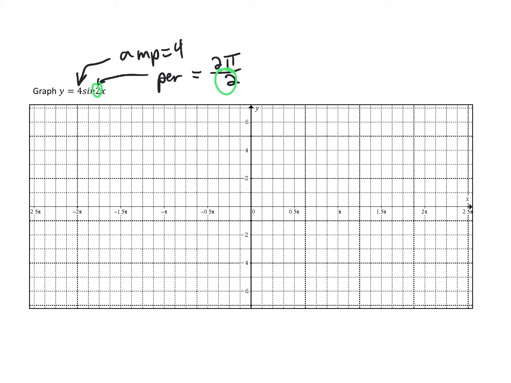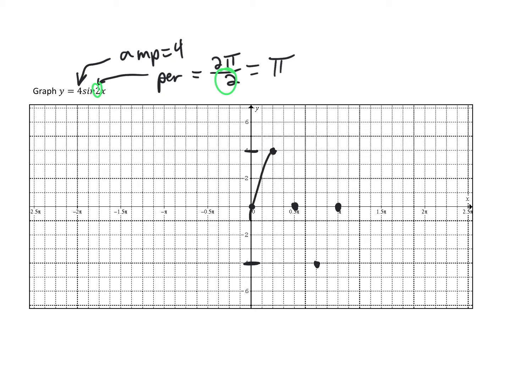So in this case, b was 2. So this is just equal to pi, which means it's going to do 1 cycle by pi. So if it starts at 0, it's going to finish by pi. We know it's going to go up to 4 and down to -4. Now 1 cycle, we'll see it going up to 4, down to the x-axis, down to -4, and then back up.